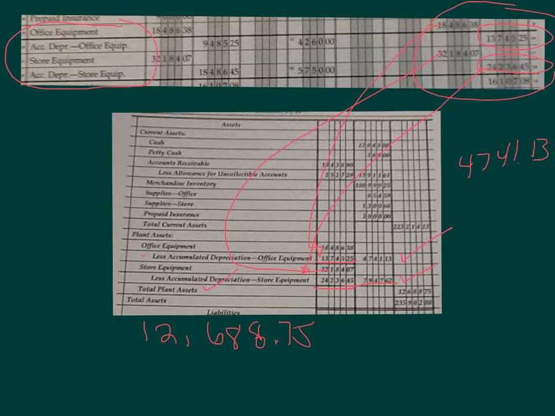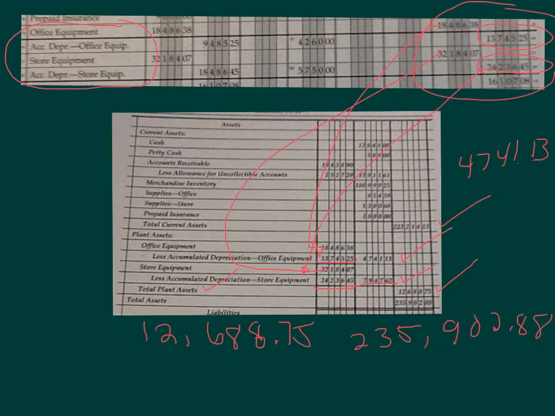Now you're going to take your current assets and add it to your plant assets to get a total asset value of $235,902.88.